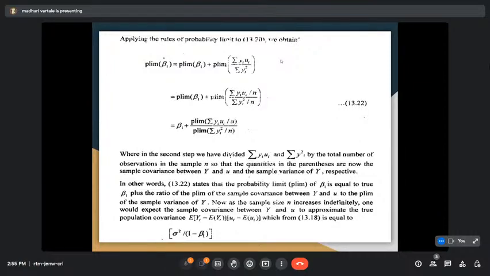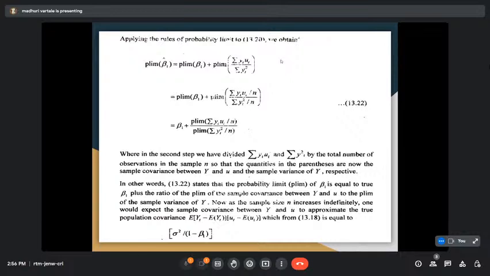that is the summation of yt and ut and the summation of y square t by the total number of the observations of the samples, that is N. The equation in front of you is the solved equation. So look at that equation, the bracket square is also given and the two values are divided by the observations, the respective sample variance divided by the total number of observations, to find out the quantities representing the covariation in the sample solutions.